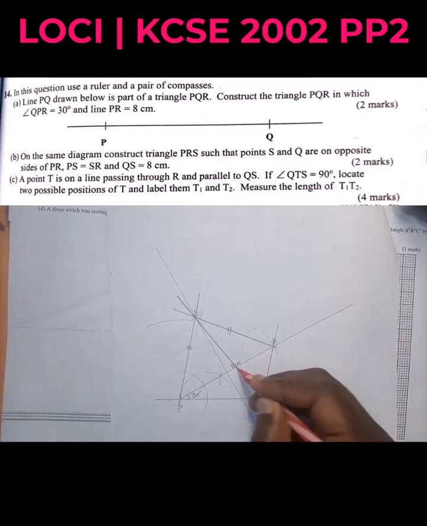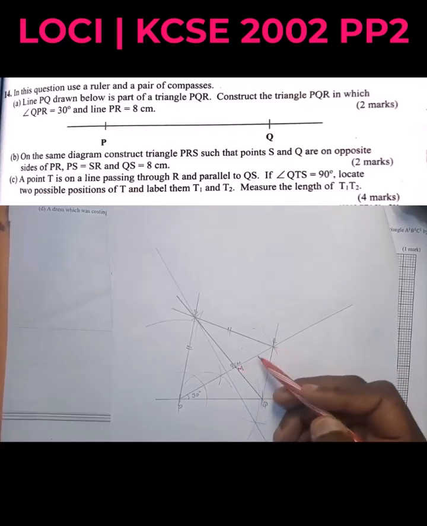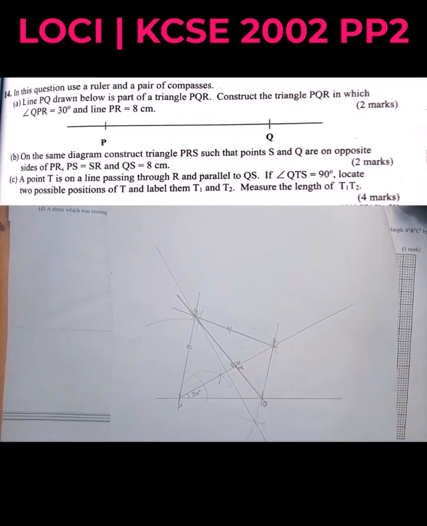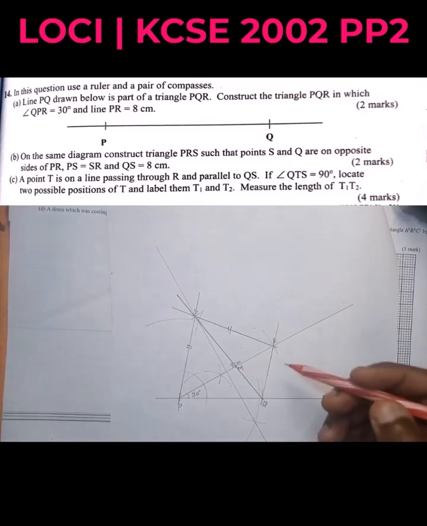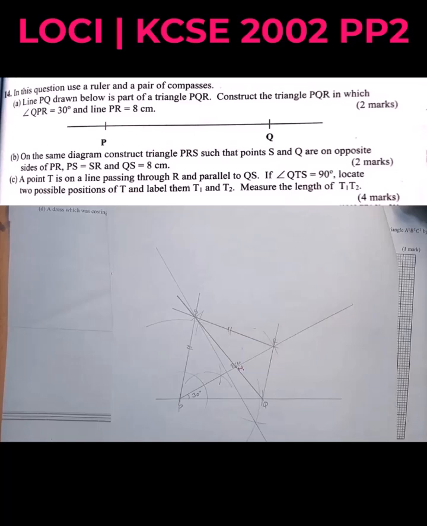I can name this one as point M. So MR, we need to get that, but it should be the perpendicular distance. There are several ways through which you can construct a parallel line passing through R and parallel to QS. You can use a set square and a ruler. I will use a pair of compasses only.